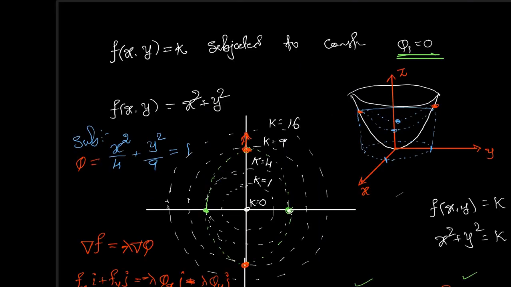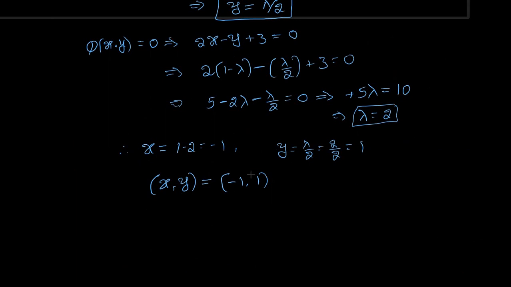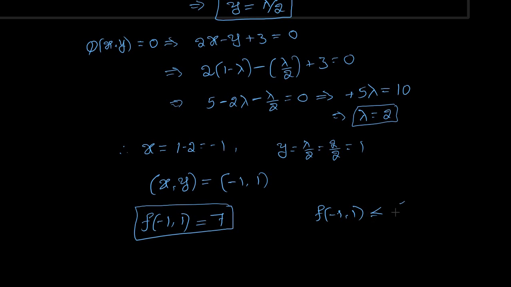Do you remember? Okay, let me show you that. You see, which is here. At minus 1 comma 1, the function is having a minimum subjected to that constraint. So the critical point we got here is this minus 1 comma 1. Now just see one thing: what is f of minus 1 comma 1? The value is going to be 7. And we can see that f of minus 1 comma 1 is always less than or equal to f of x comma y.